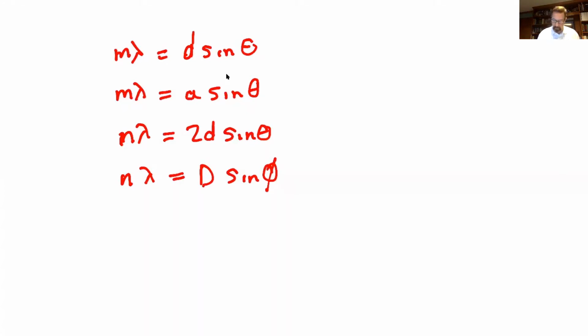And depending on the geometry, the first one here, that's interference. It's also diffraction gratings, right? But there's a picture that goes along with that equation, and keeping it straight is the hard part.